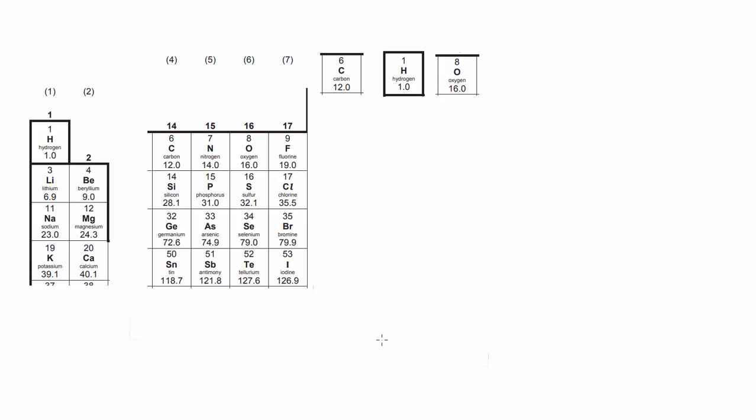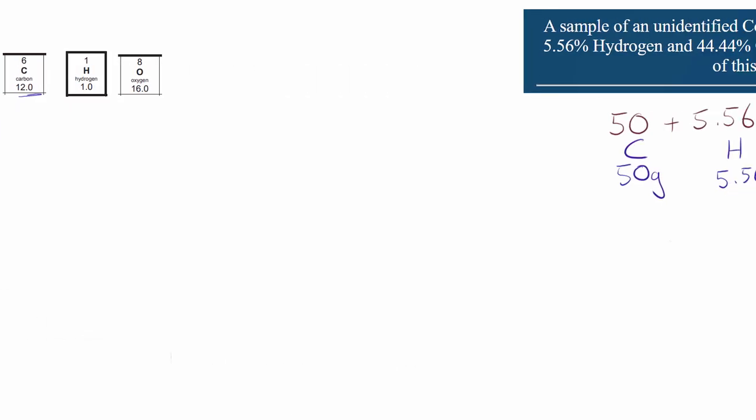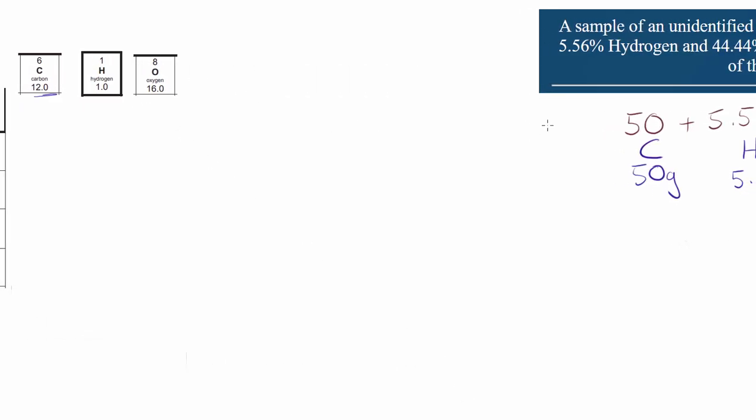Okay, so here we can see we've got 12 for carbon, hydrogen we've got 1, oxygen we've got 16. I'll put this here as well, just to show my working, my reasoning in writing.